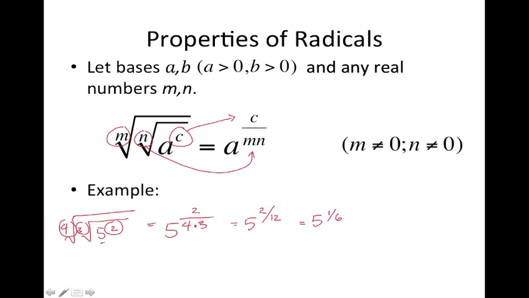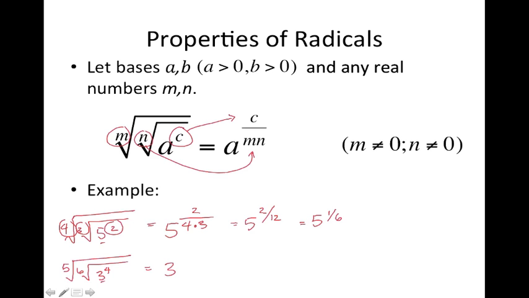Let's try one more example. If I have the 5th root of the 6th root of 3 to the 4th power. Our base is 3.